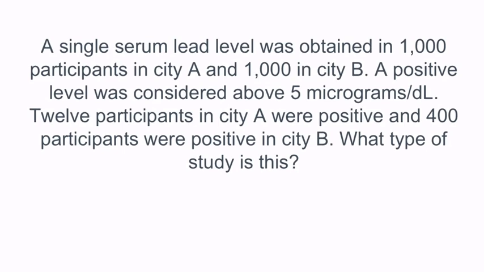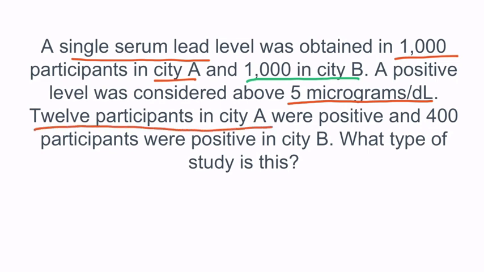Now let's say a single serum lead level was obtained in 1,000 participants in city A and then 1,000 participants in city B. A positive level was considered any level above 5 micrograms per deciliter. We find that 12 participants in city A were positive and 400 were positive in city B. What type of study is this?